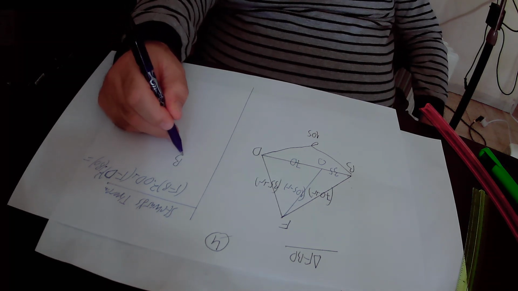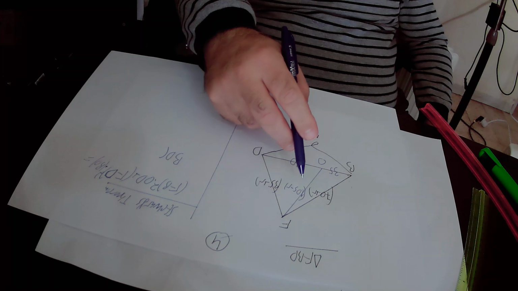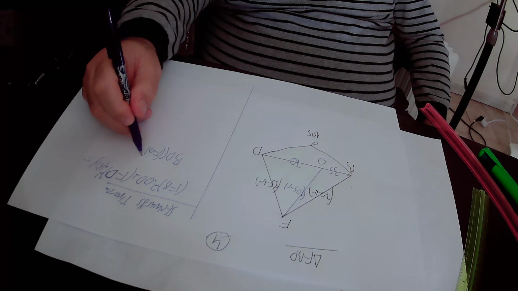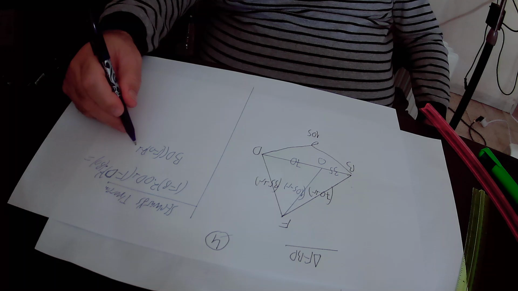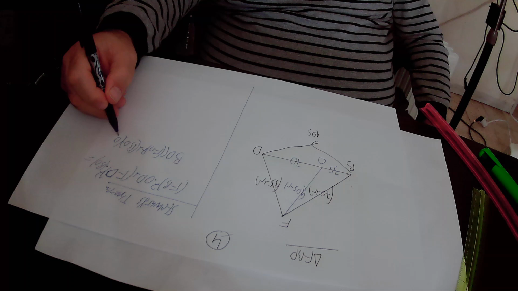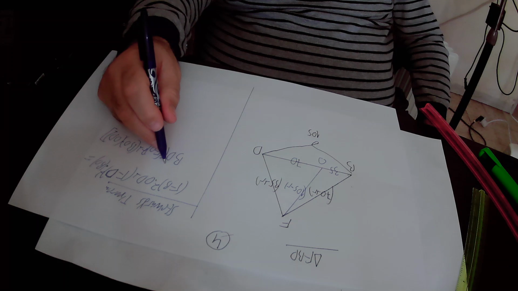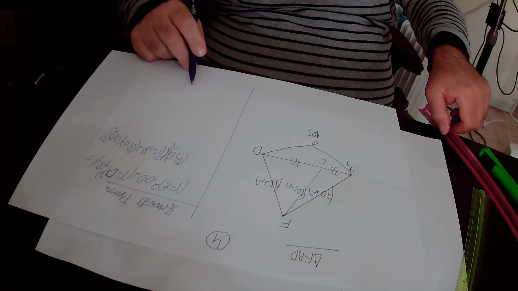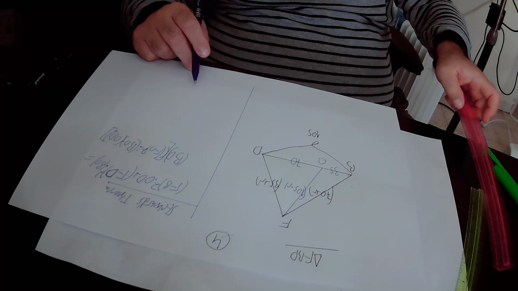We'll open here brackets, and inside the brackets we'll have FO squared plus BO times OD. So this equation is the implementation of Stewart's theorem in our triangle FBD.